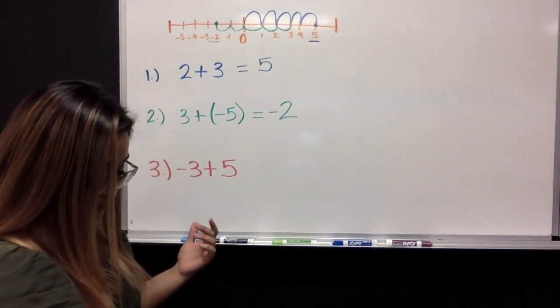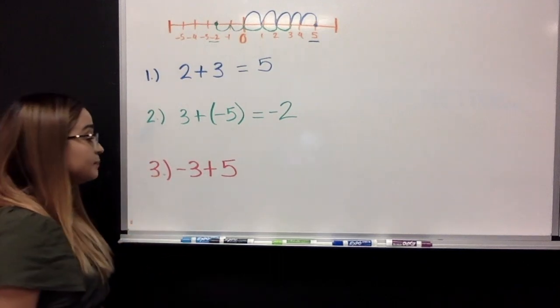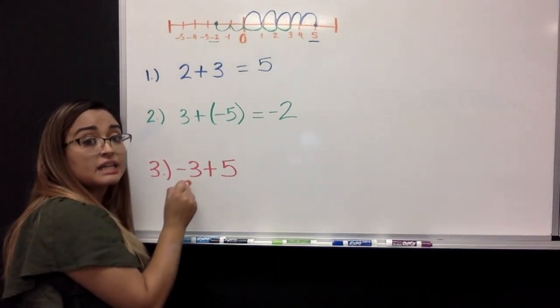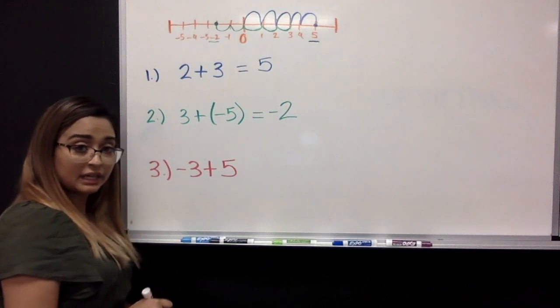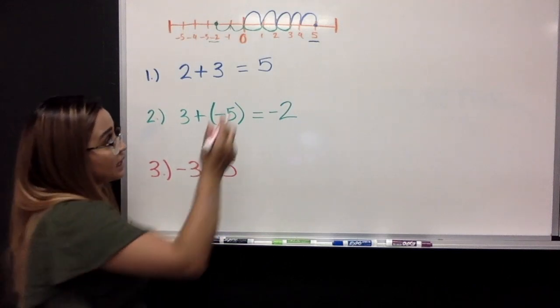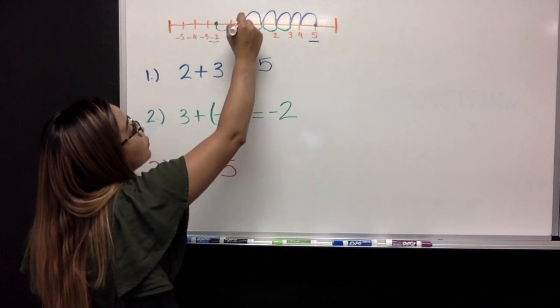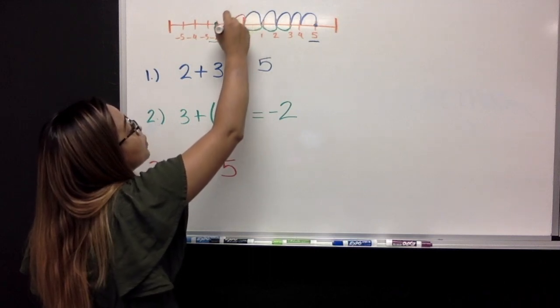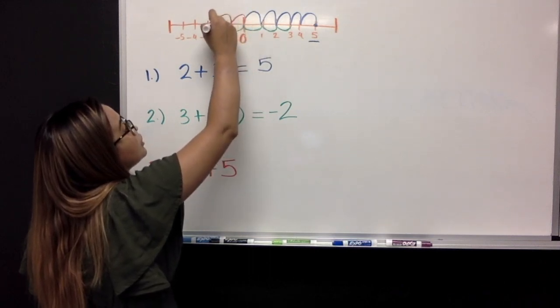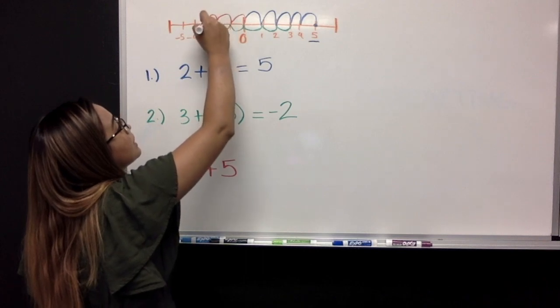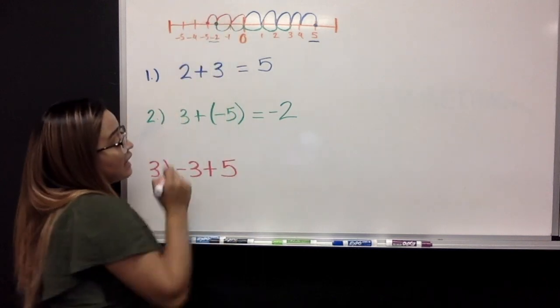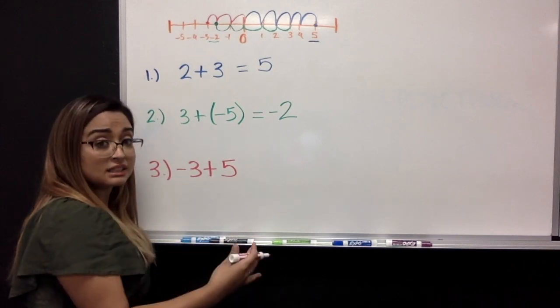Moving forward. This time, we're going to start with a -3. Okay? So same thing. We start at 0 and we go to -3. So 1, 2, 3. Now this time we have a +5.